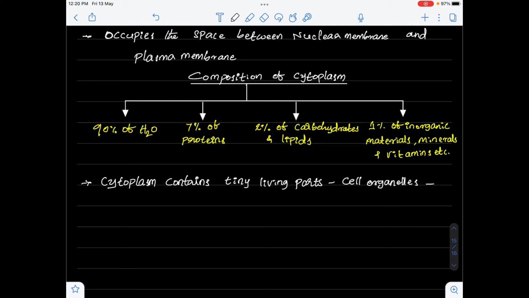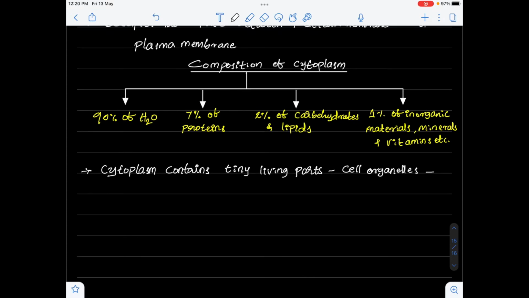And these cell organelles have characteristic shape and functions. These cell organelles have specific shape and functions.